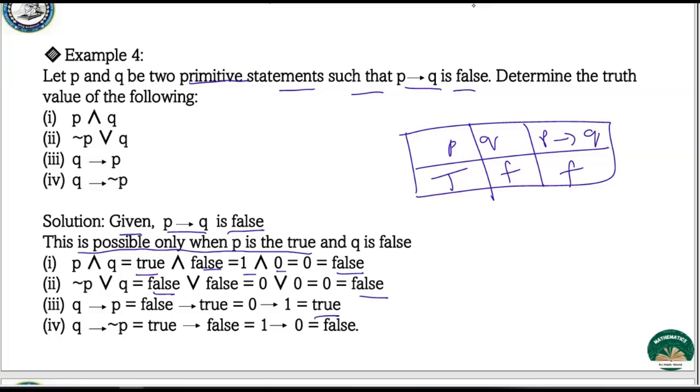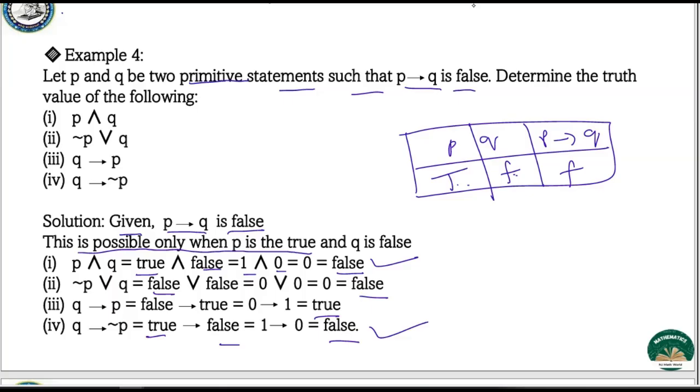Then true implies false will be false. So the answer is: P implies Q will be false only when the values are true and false. So we can see where it is true and false: it is there in the first one, the third one and the fourth one. So the answer is 1 and 4.